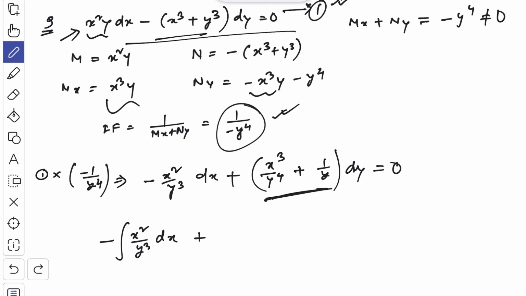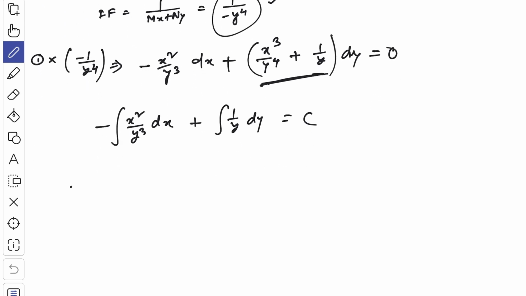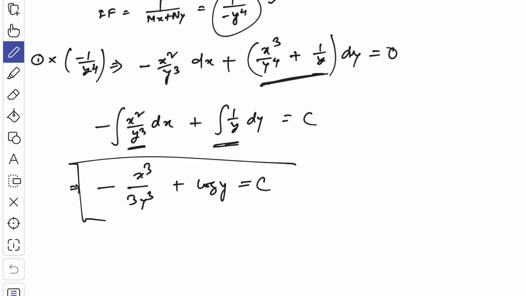So integration of 1 by y dy, plus the constant of integration c. Then we know that integration of x square will be x cube by 3, and y cube is taken as constant in this case, then plus the integration of 1 by y, which will be log y, is equal to c. So this is our result.